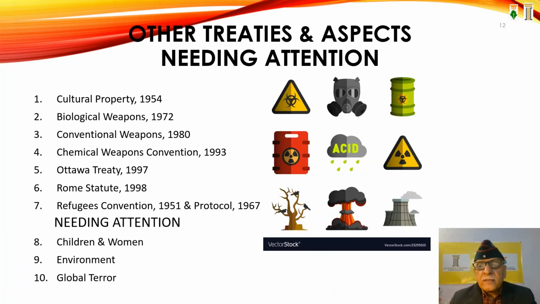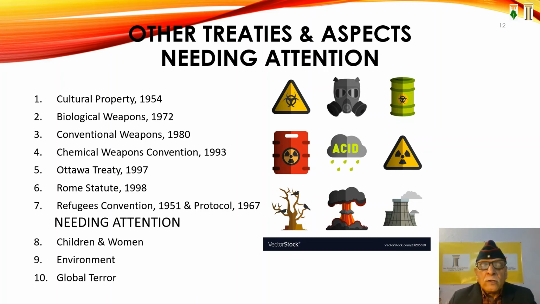There are certain other treaties which were adopted after 1949 when the Geneva Conventions came into being, and these further protect those aspects which need to be protected during armed conflict situations. For example, cultural property and heritage buildings and sites, for which there is the 1954 Cultural Property Convention.